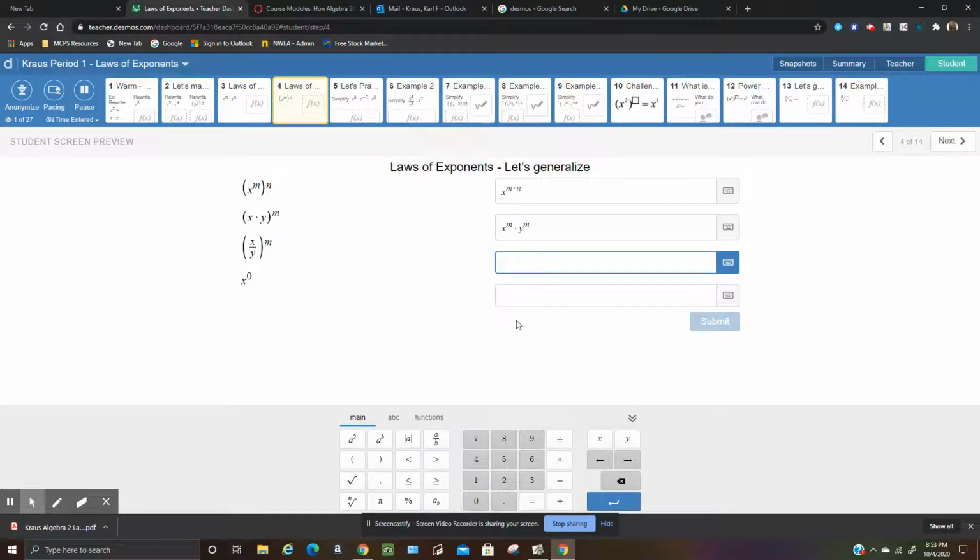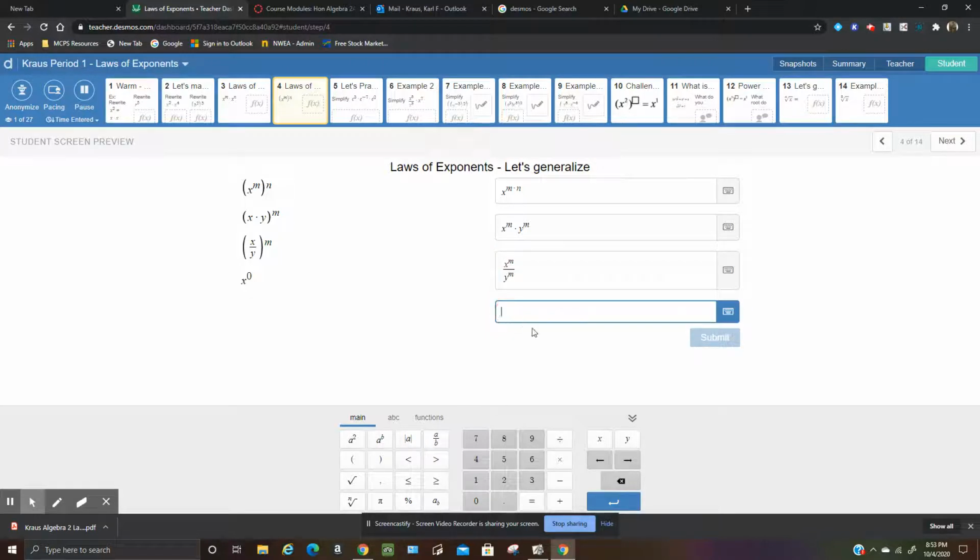A fraction to a power is the numerator to the power, so x to the m divided by y to the m. And anything to the 0 power is 1.